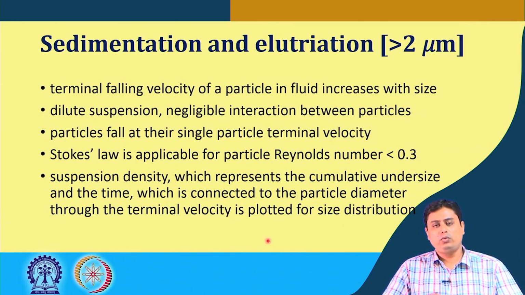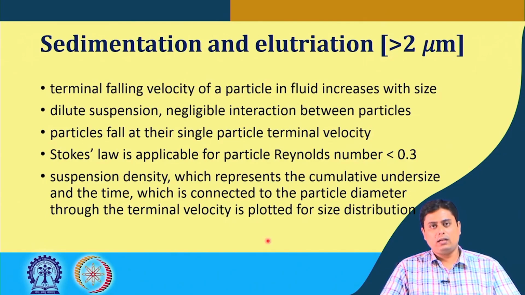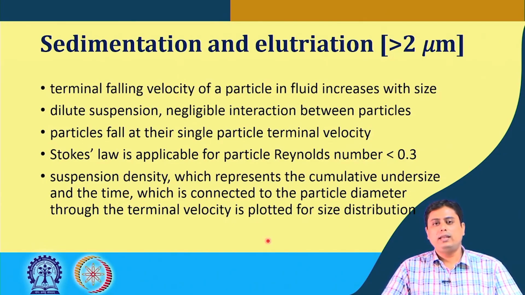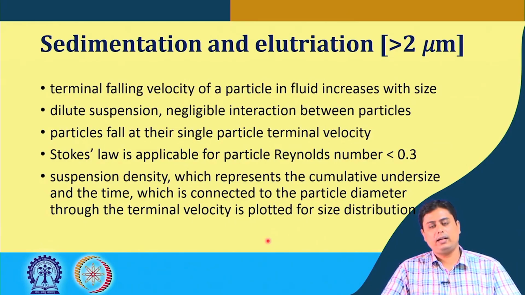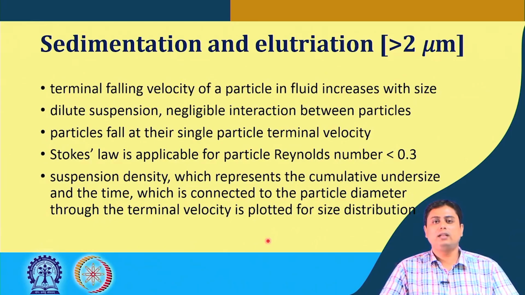So, we plot these two pieces of information, and we get its size distribution: the bigger size particles are falling at a higher rate, and the lower size particles will fall at a smaller rate.